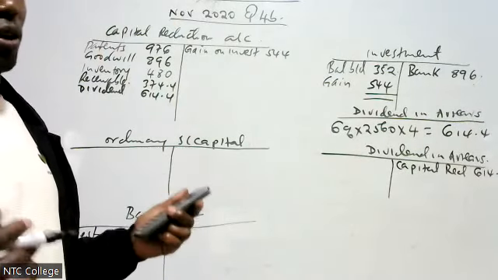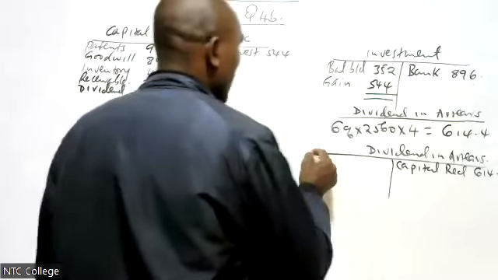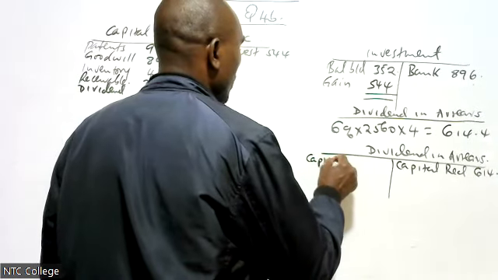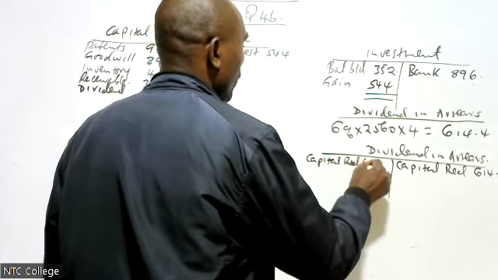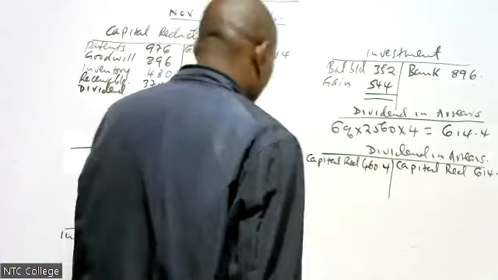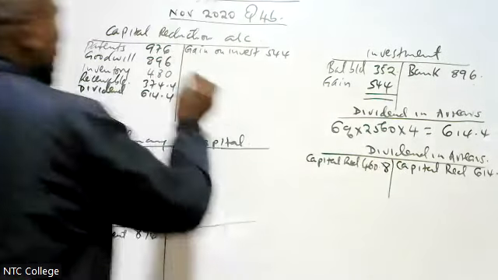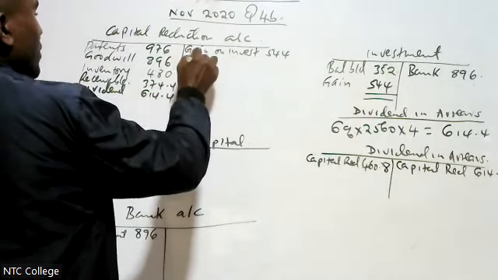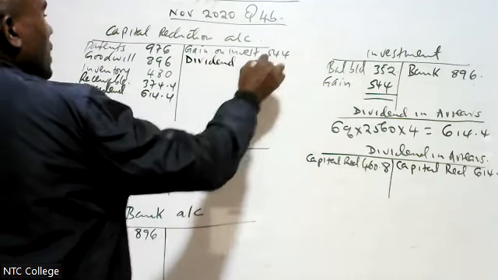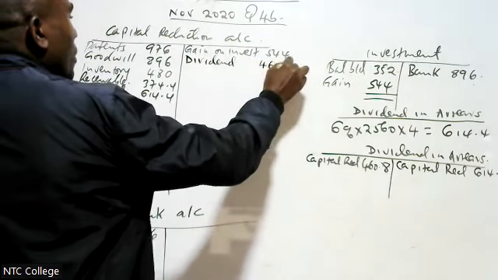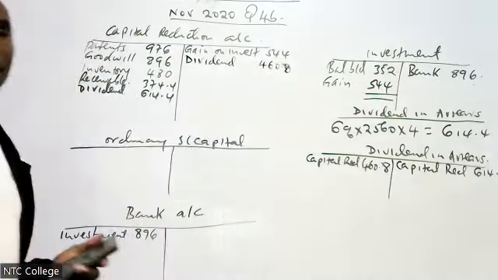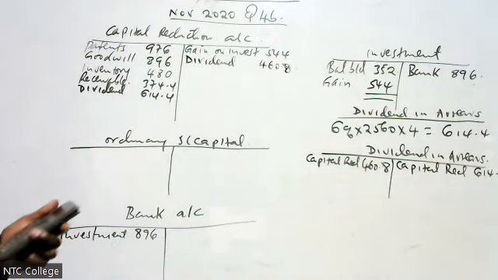We are going to write off the liability. Therefore, I debit here, I say capital reduction for 460.8. On my dividend account, I'm writing off a liability for 460.8. I have waived 3/4.